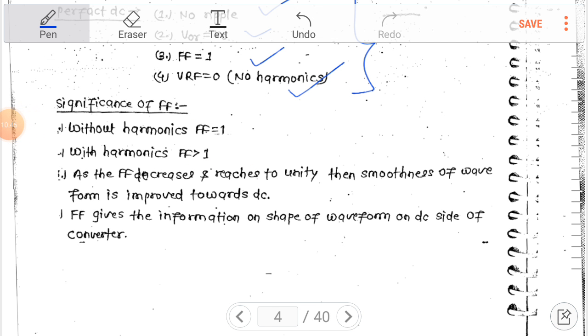With the form factor parameter, we can also observe the quality of DC output. If the form factor value is greater than 1 and its magnitude is higher, it represents more harmonics, and if it is approaching 1, harmonics decrease, and if form factor equals 1, there is no harmonic present in the DC output.